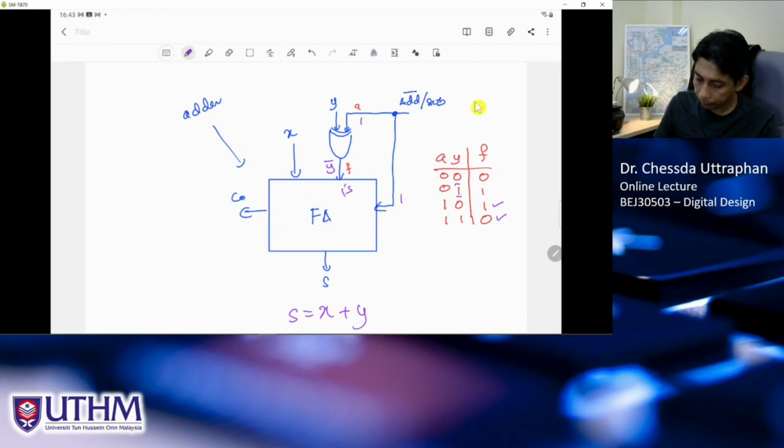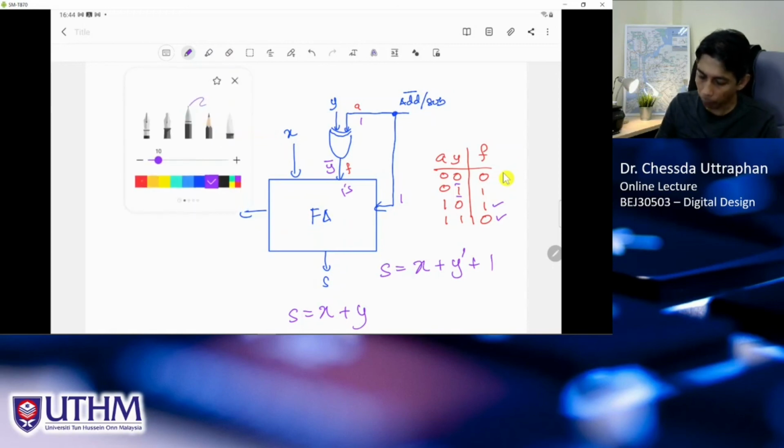So we have S equal to X plus Y complement plus 1. So Y complement plus 1 is actually second complement of Y, right?